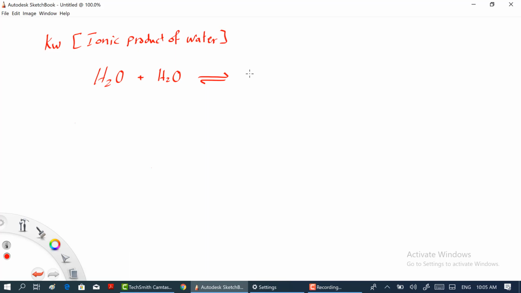The ionization gives to us H3O positive and OH negative. Let's consider this water works as the acid, a donor for the proton. It will be H3O, and also OH negative. Liquid and liquid, giving hydronium aqueous and hydroxide aqueous.